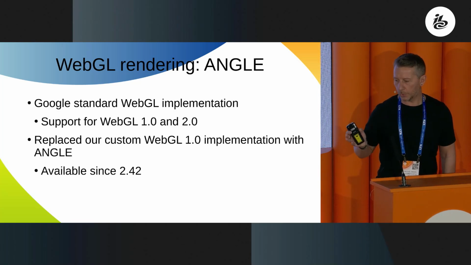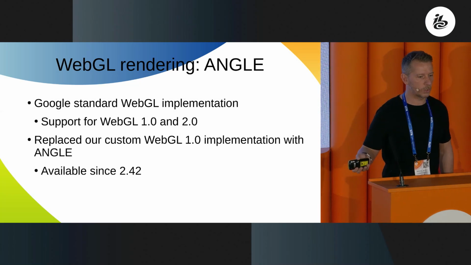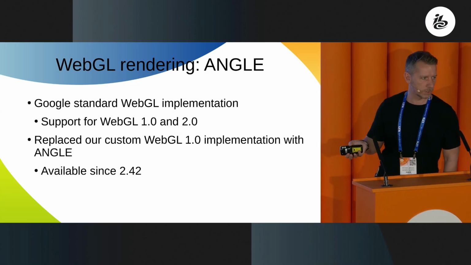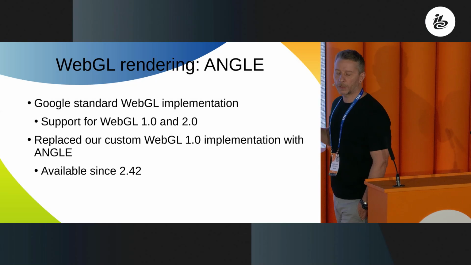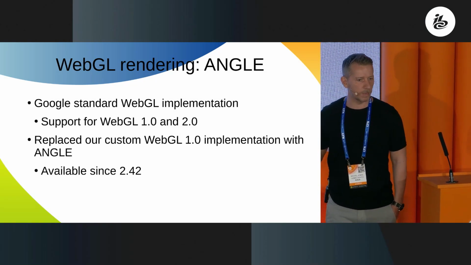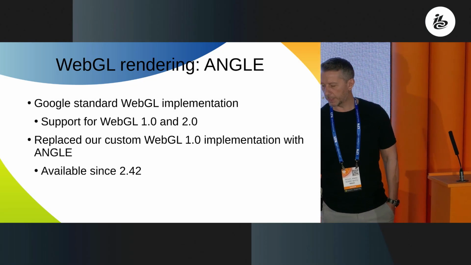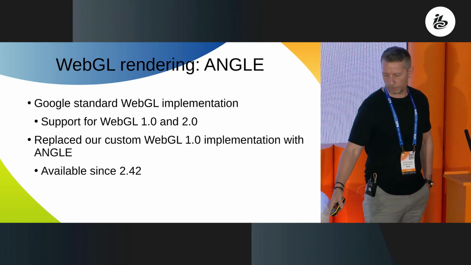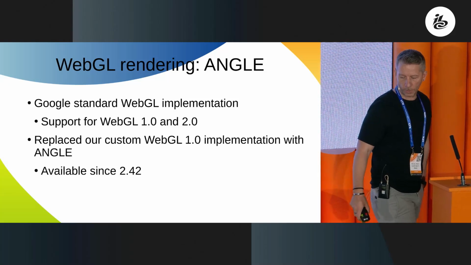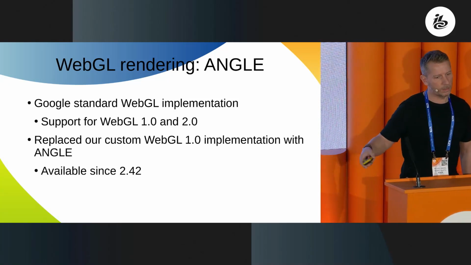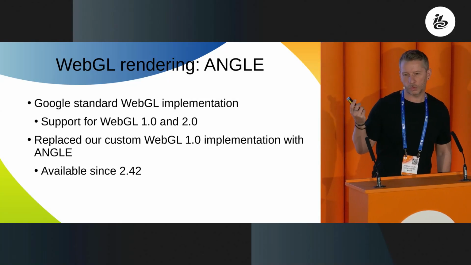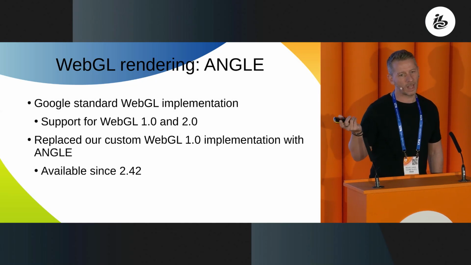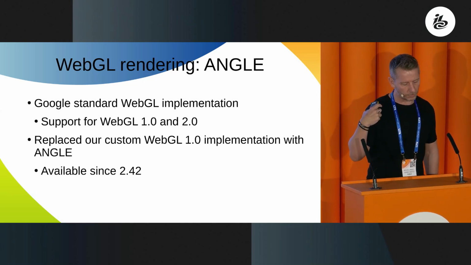For example, if you want to use WebGL 2.0, you need GLES3 on the system. We have adopted that. We have removed our custom implementation, and we have integrated Angle. And now we support WebGL both 1.0 and 2.0. This is available since 2.42, which is the stable release that happened last September, the past year.